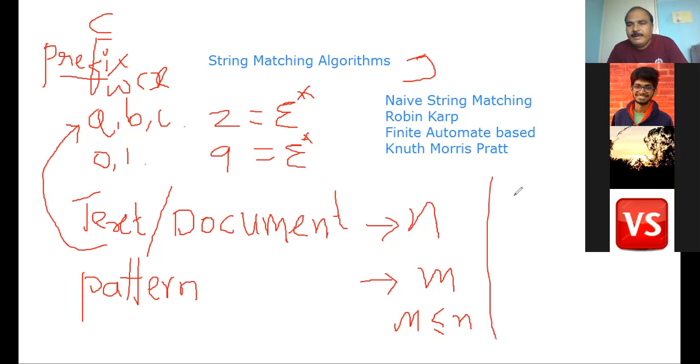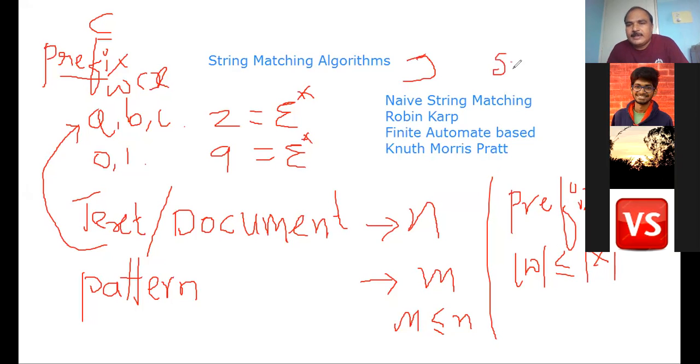If W is a prefix, then the length of this prefix should be less than or equal to the length of the string. What is X? X means a string, and W is a prefix, and the length of the prefix should be less than or equal to the length of X.